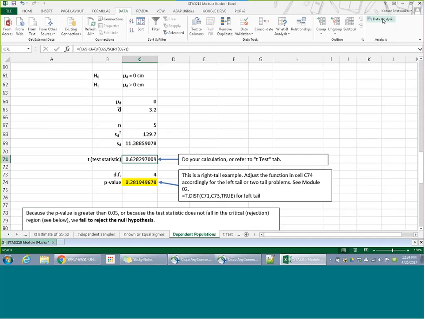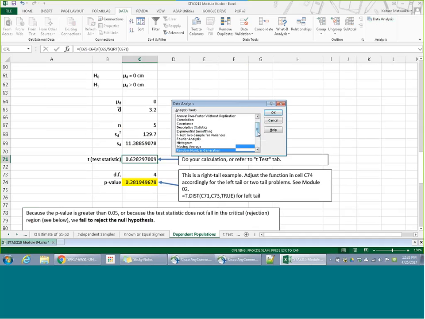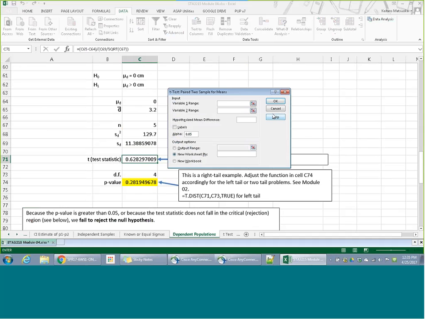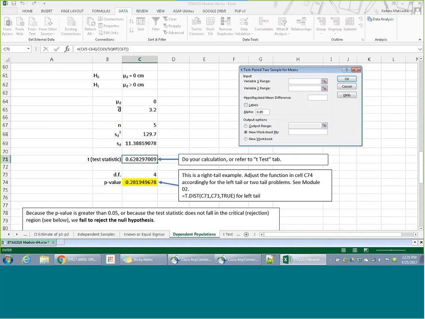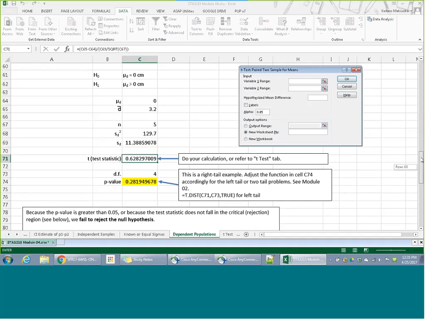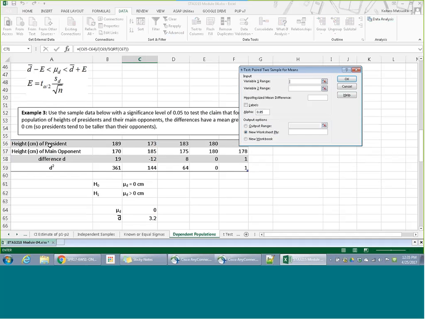Use the data analysis button that we already created. Click on it, and it's going to be t-test paired 2 sample for means. Click OK, and then this pops up. So what's your variable 1 range? It's going to be this.